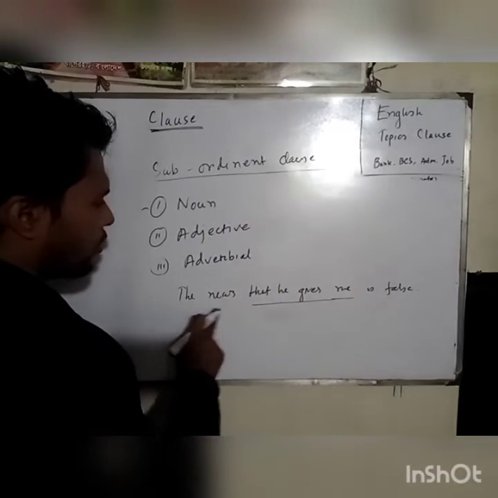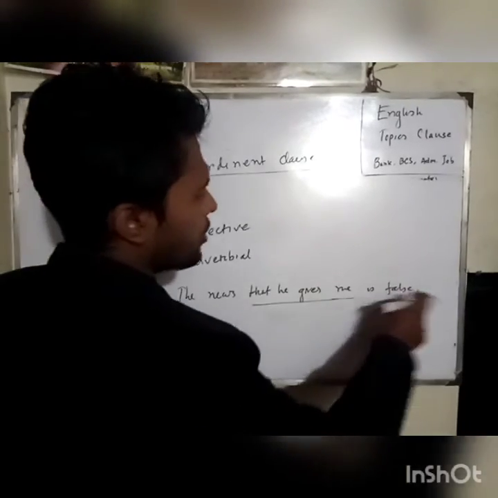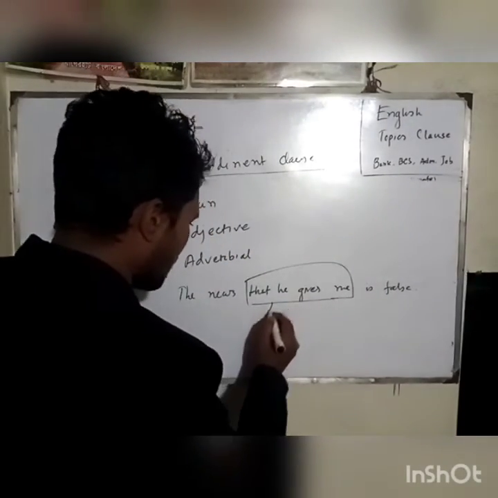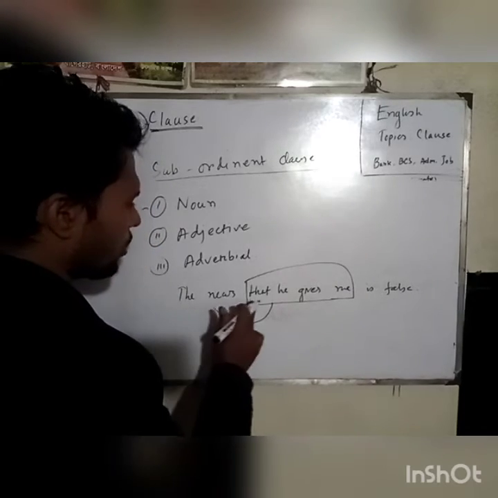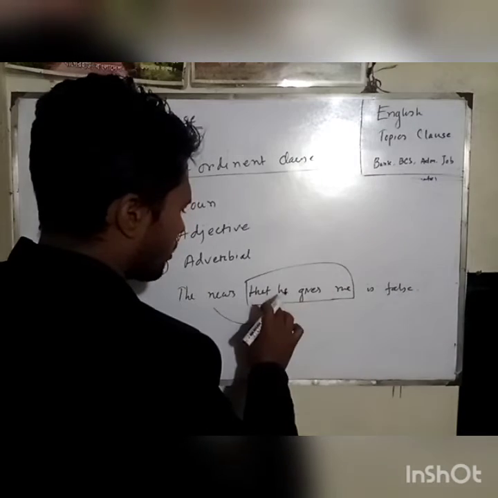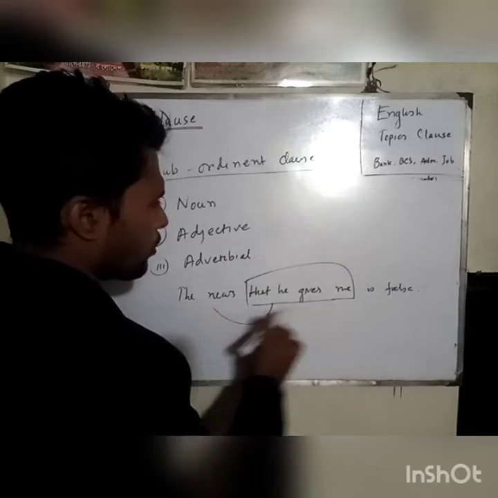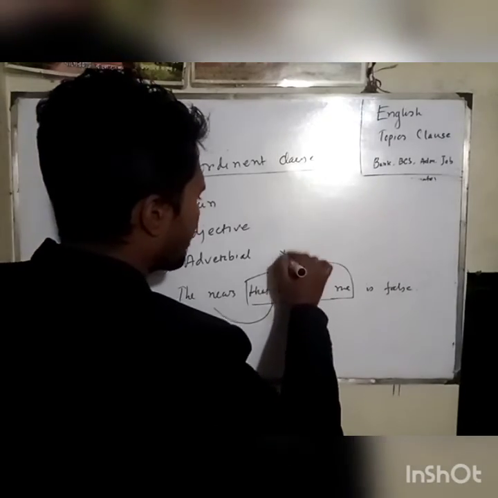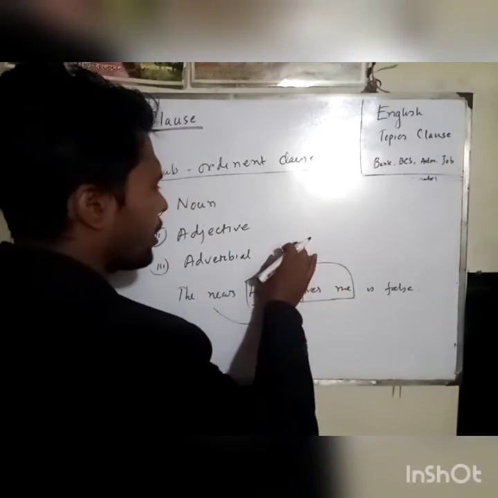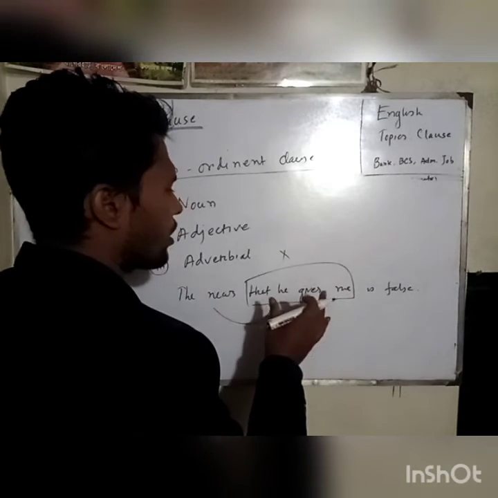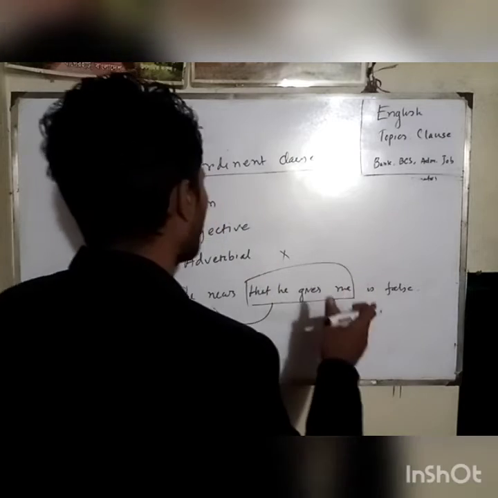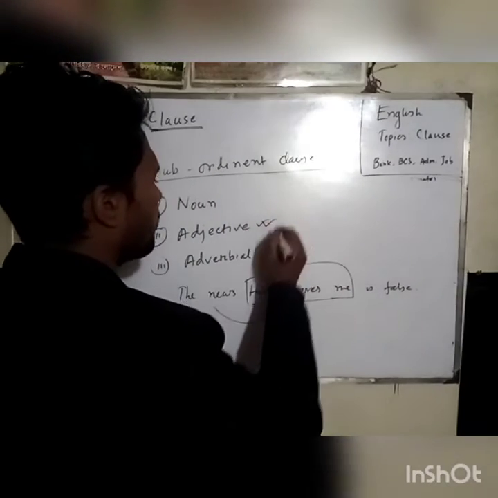Look, the news that he gives me is false. Here, this part is describing the news. If we cancel it, the news is false also describes the full meaning. When you can delete some part of a sentence and it still describes the full meaning, it's called an adjective clause.